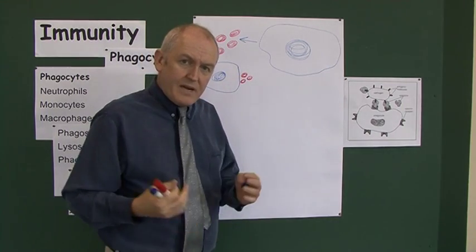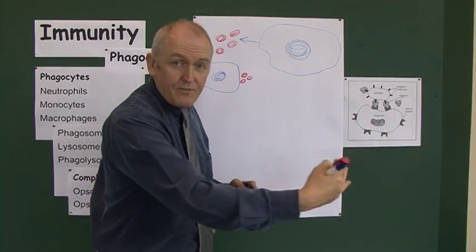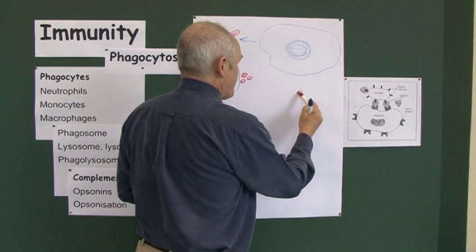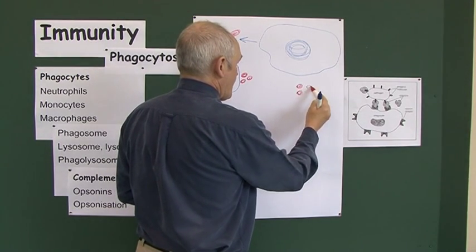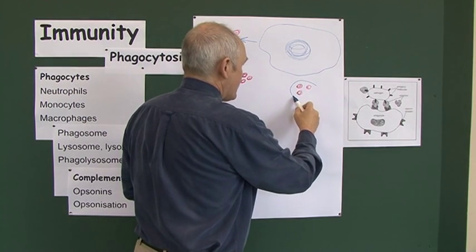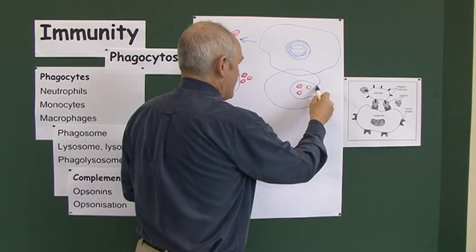Now what happens is the macrophage keeps on moving and it starts to engulf the bacteria. So the next stage is, here's the bacteria. The monocyte keeps moving and it starts to engulf the bacteria like this.